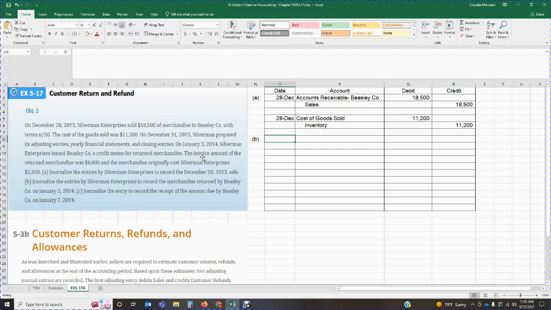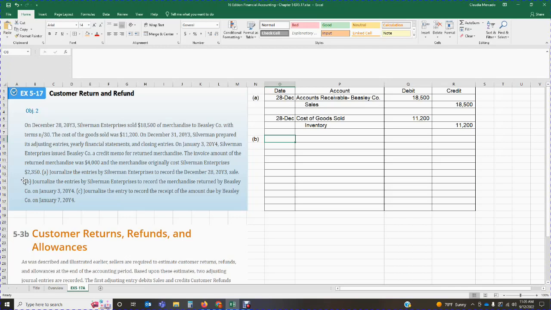On January the 3rd, Silverman Enterprises issued Beasley Company a credit memo for returned merchandise. The invoice amount of the returned merchandise was $4,000, and the merchandise originally cost Silverman Enterprises $2,350. So we made a sale and then the customer returned $4,000 worth of stuff back to us for whatever reason. Now we have to journalize the entry for that return.